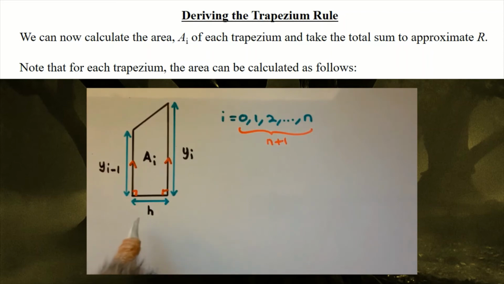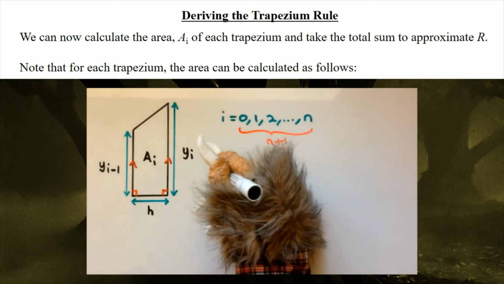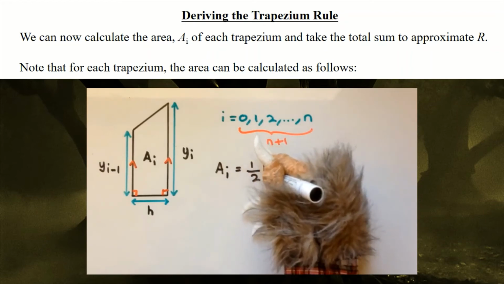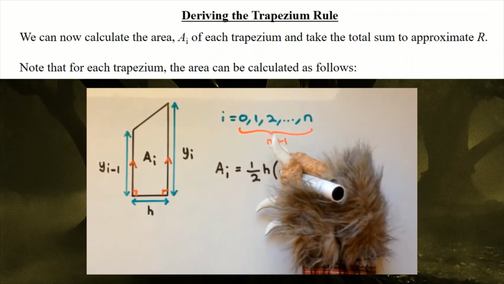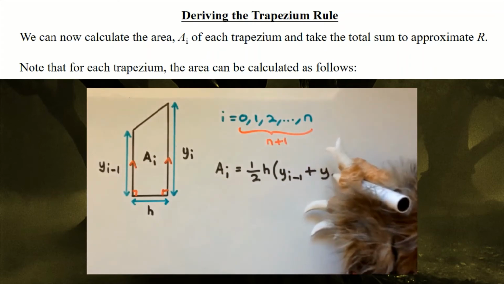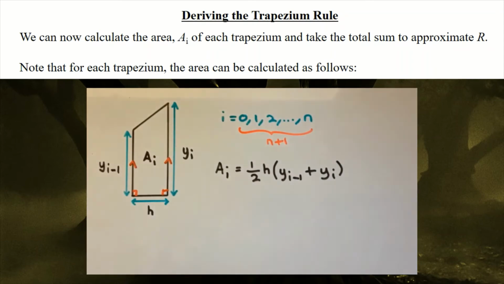So it's half of h, and then I add the 2 parallel sides together. So my A i is going to be 1/2 of h multiplied by y of i subtract 1 plus y i. And if we do this for every trapezium within our total area sum, we will get the total sum as an estimate of the definite integral from a to b.